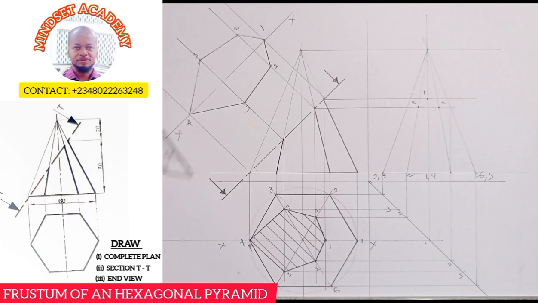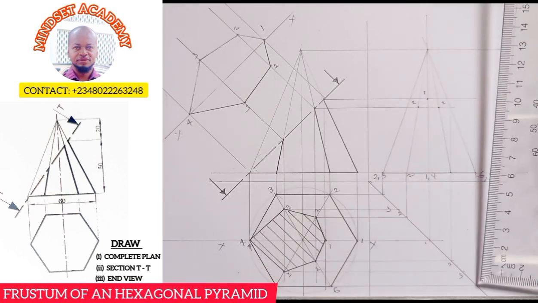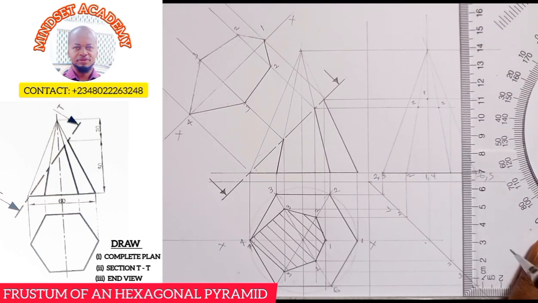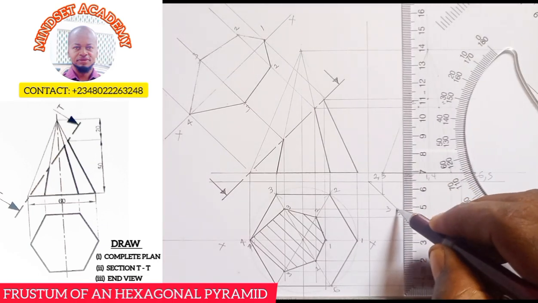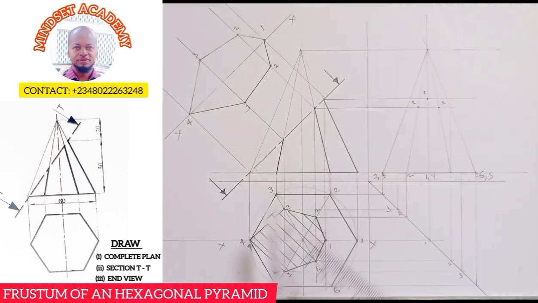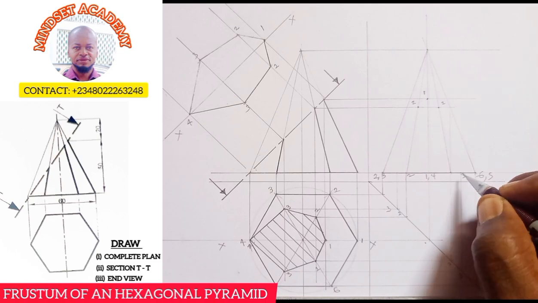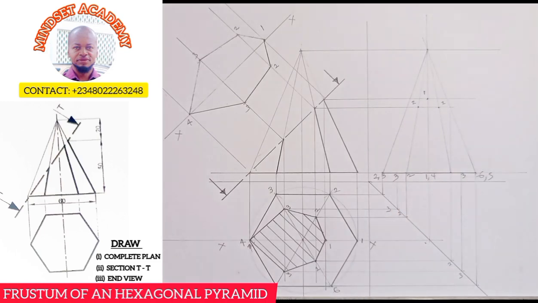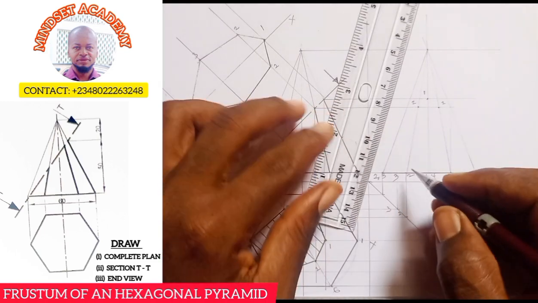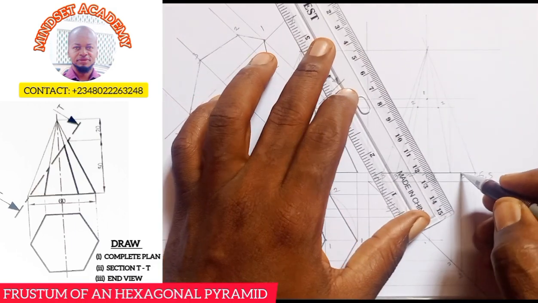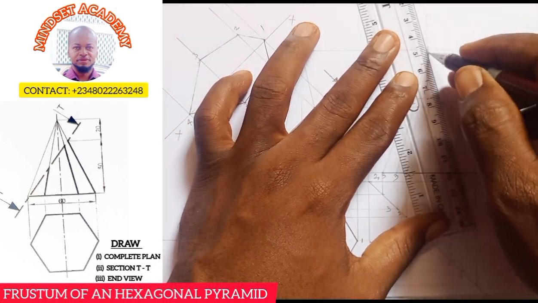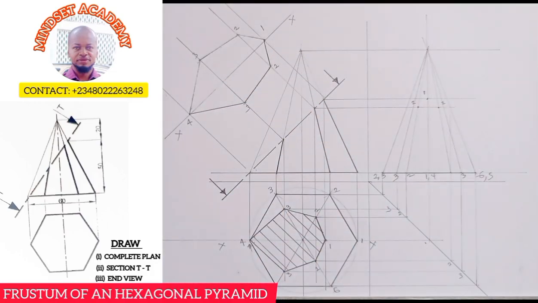So if I should project it up in this manner, point 3 will come and touch the base, and the other point 3 will come and touch the base. So this is 3, this is 3, right? So I'm going to take it towards the apex here and here.